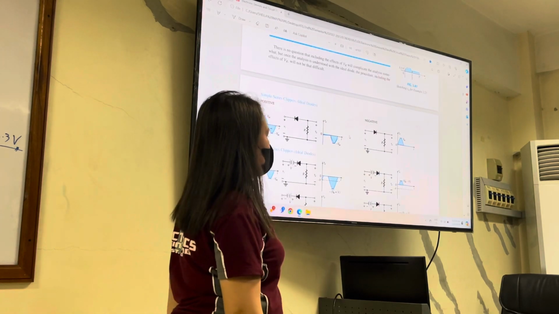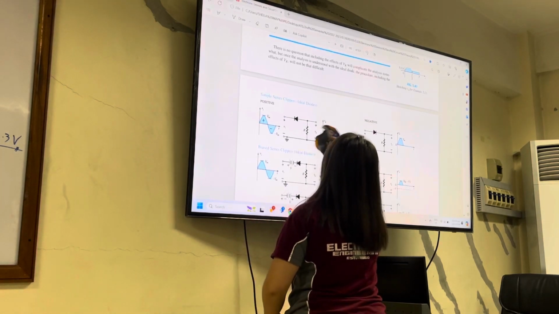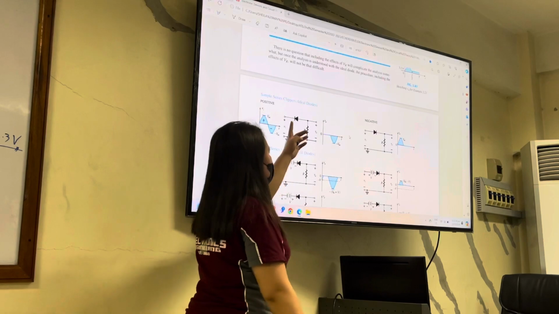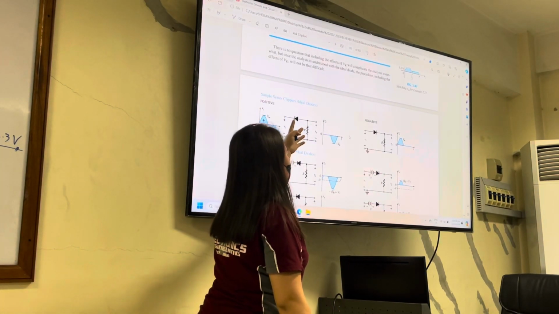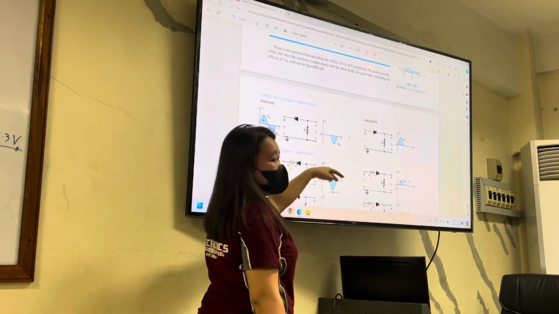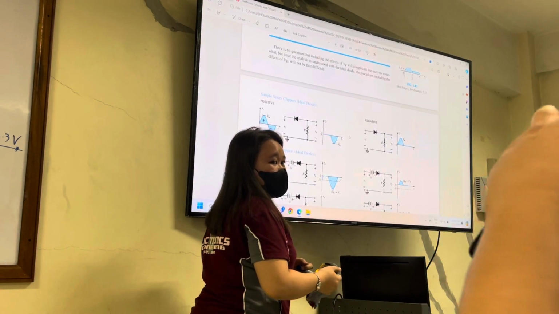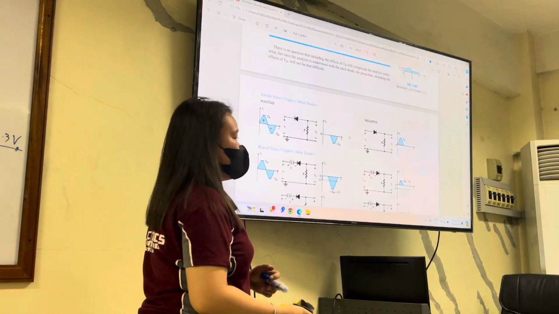It depends on your design, class. The diode is not always reversed. For example, this one is a positive clipper. But what if it is a pre-existing design? Like this, positive, reverse. That is a reverse bias.